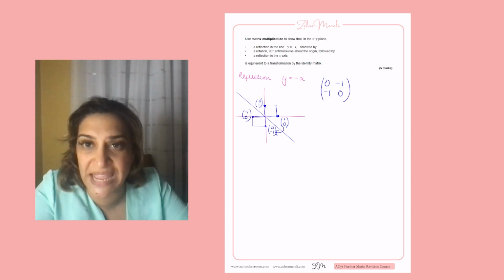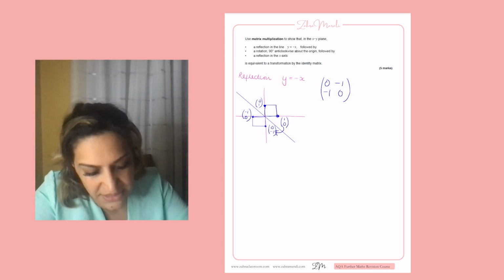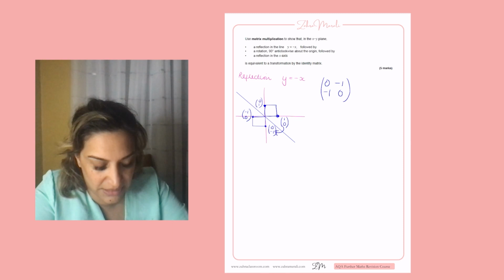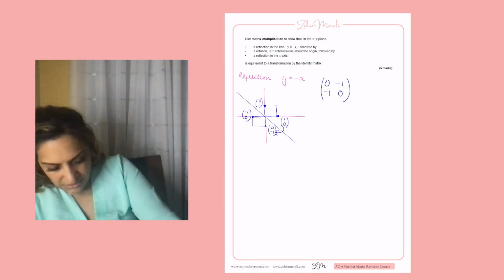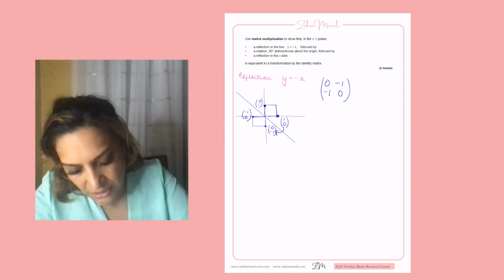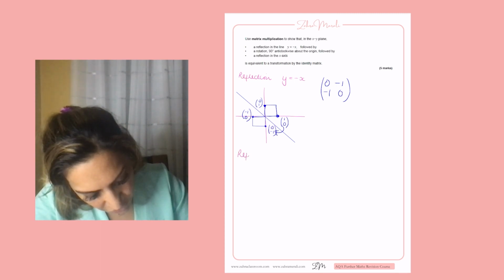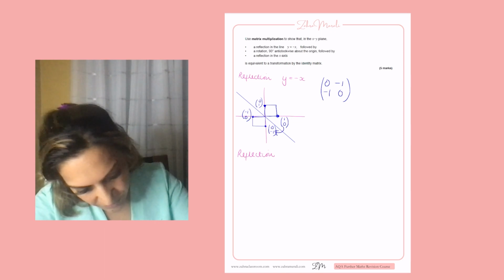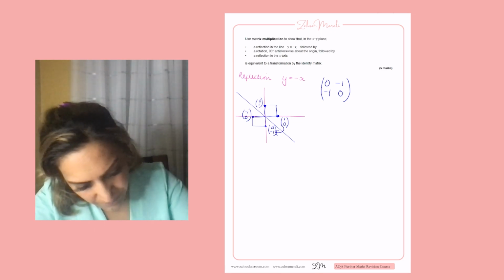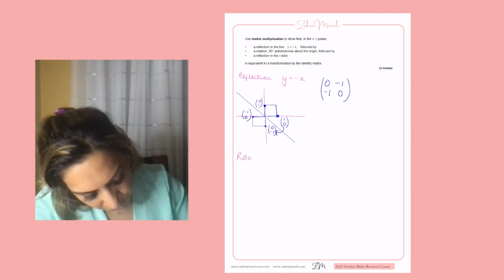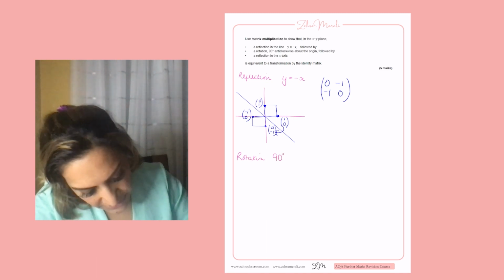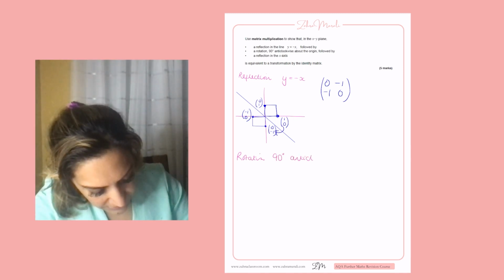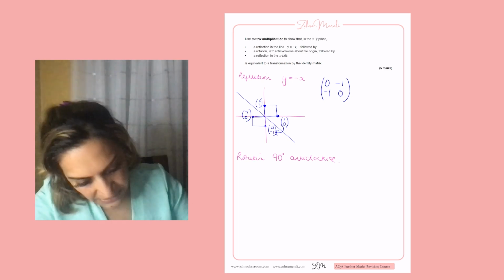We've got a rotation of 90 degrees anti-clockwise about the origin. Now again, if you didn't know what that looked like, you would take your unit square. Oh no, not reflection, sorry, a rotation. So rotation, 90 degrees anti-clockwise, and you say what would happen to that.